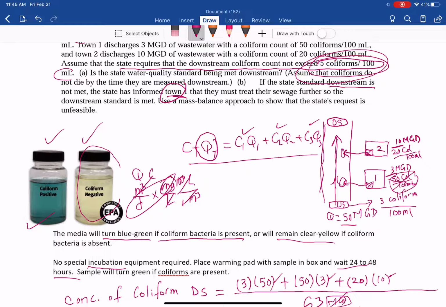So Town 1 sewage treatment alone, in order for the downstream standard to be met, you can see that it's infeasible. The state request is infeasible. Okay?